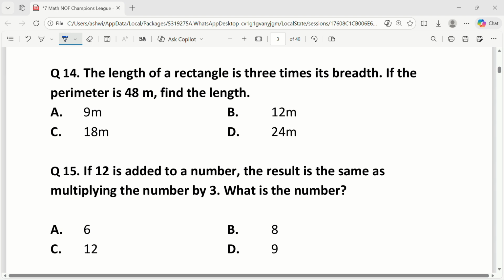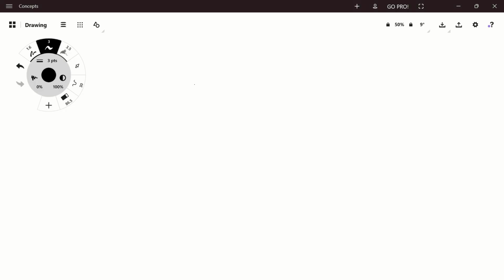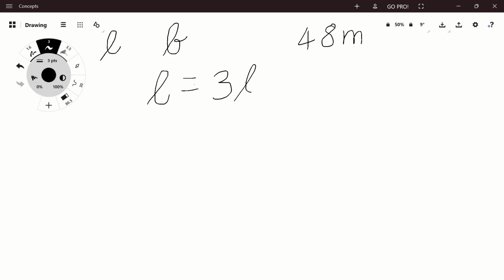Question 40. The length of a rectangle is 3 times its breadth. If the perimeter is 48 meters, find the length. Let L be the length and B be the breadth of the rectangle. Given the perimeter is 48 meters. And the problem states that length is equal to 3 times its breadth.